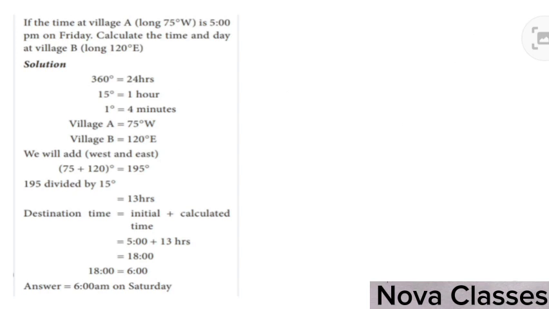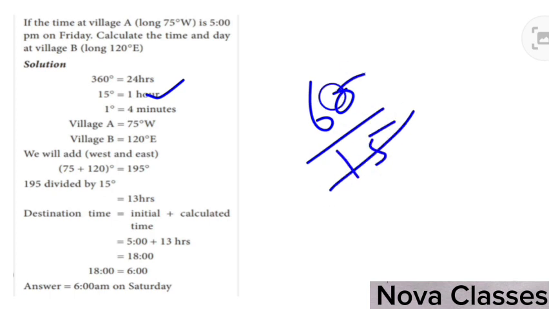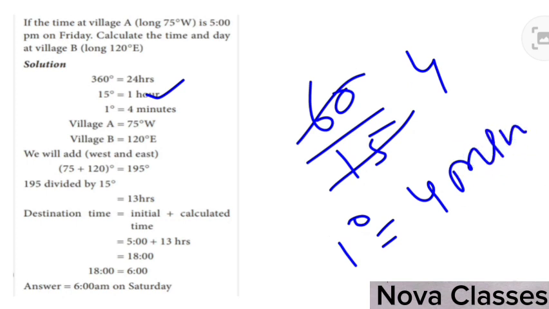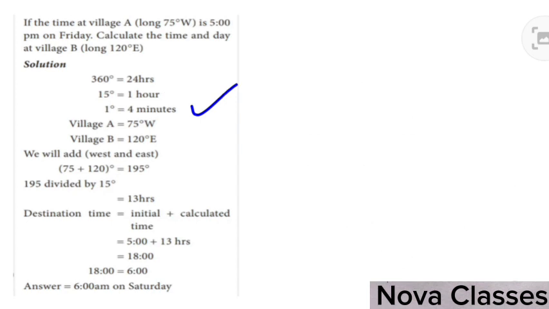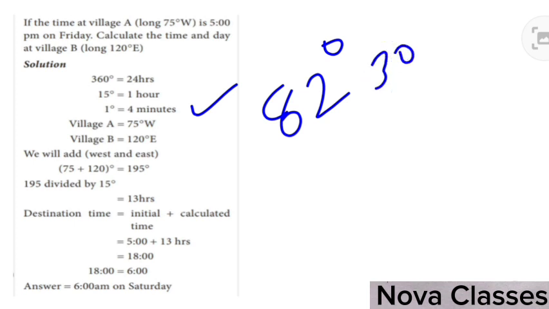So 15 degree is 1 hour. Now 1 hour equals 60 minute, so 1 degree equals how many minute? 4 minute. So if our extent is 82 degree 30 minute east.